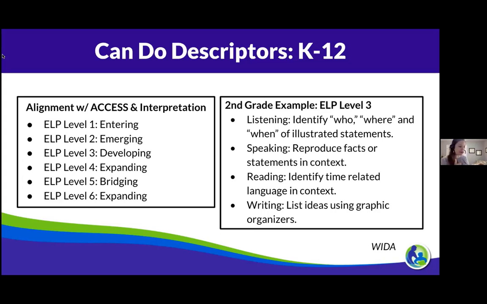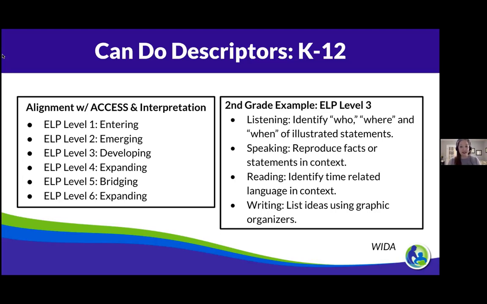Because our ACCESS scores are telling us essentially their competency with the English language in a variety of different uses for speaking, reading, writing, and listening. If we were to look at a second grade example, English language proficiency level 3, it would tell you that in the area of listening, Joey should be able to identify who, where, and when of illustrated statements.